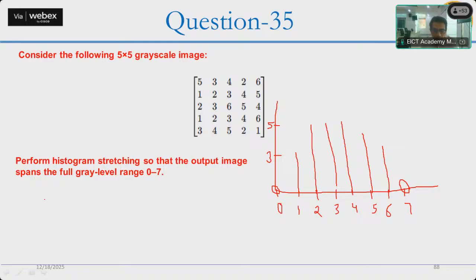So now we have to find out. So again we apply the same formula. What is the formula? It is R minus R min, divided by R max minus R min.